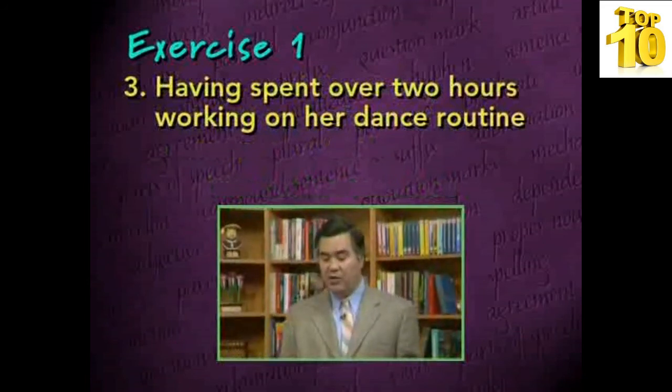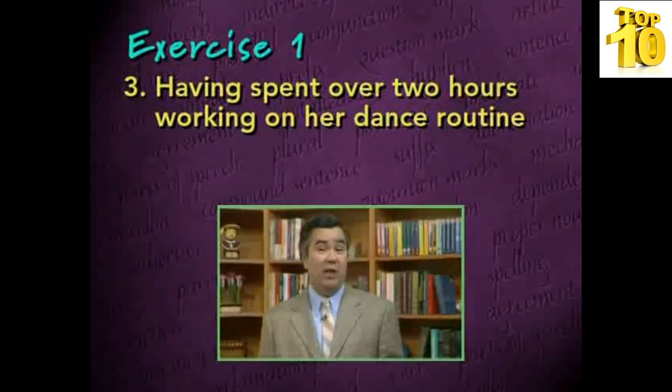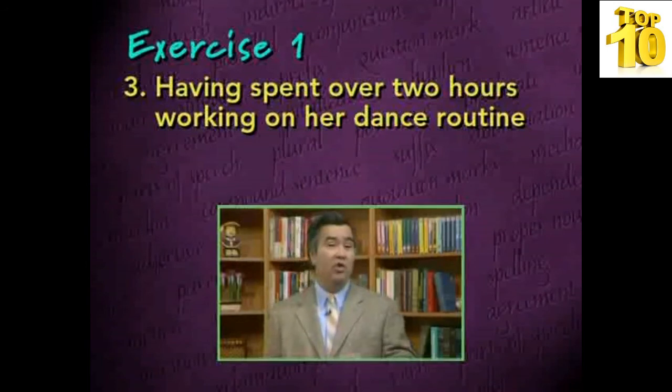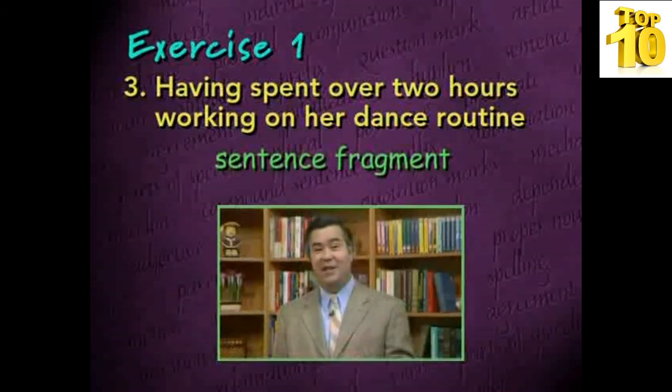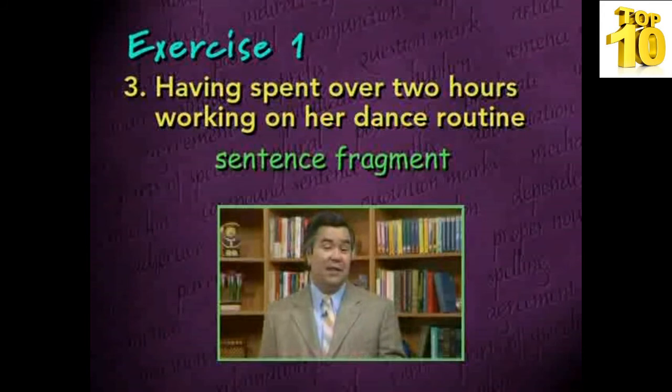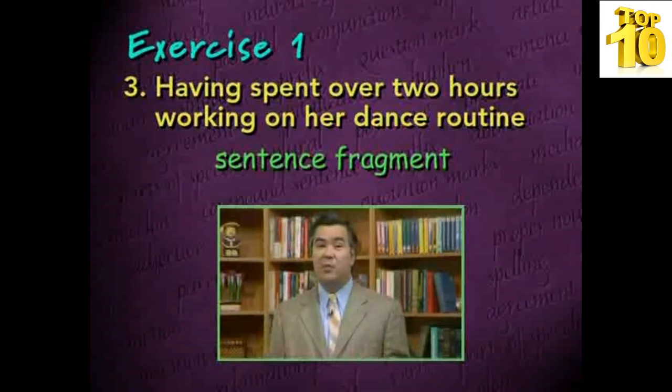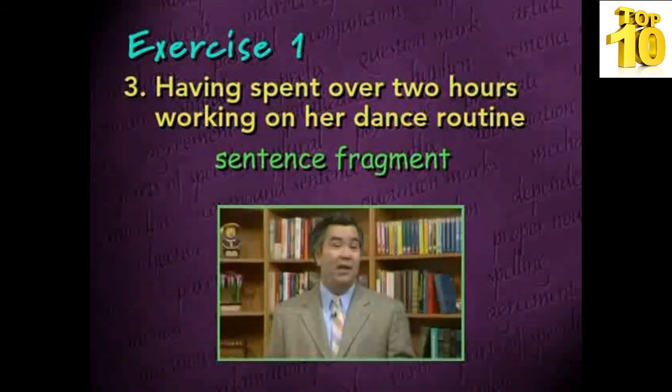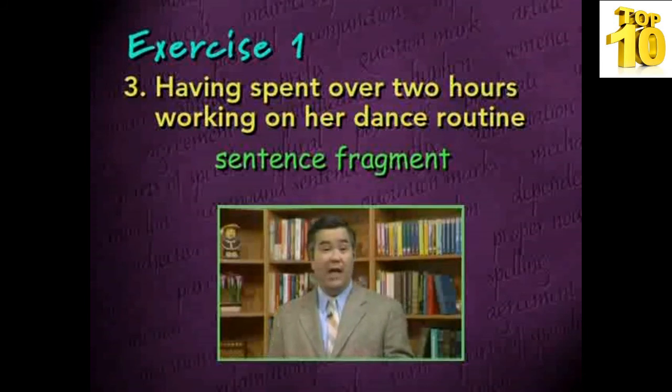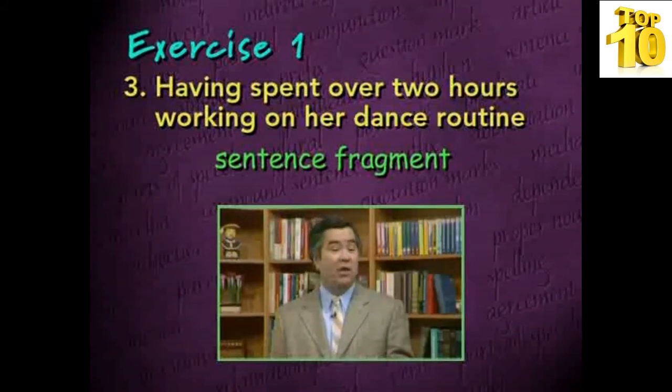Having spent over 2 hours working on her dance routine. Could you tell that this is the sentence fragment? This is a sentence fragment because it doesn't express a complete thought. There are a lot of words here, and we can see that someone spent over 2 hours working on her dance routine, but we can't really tell what's going on because it doesn't say who spent 2 hours on her dance routine.